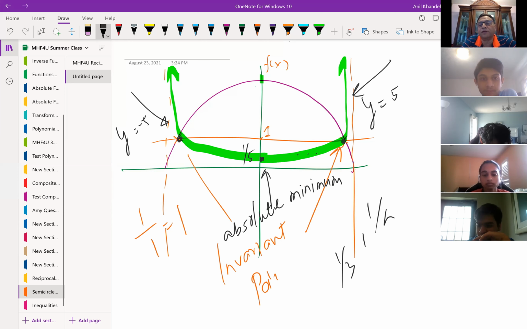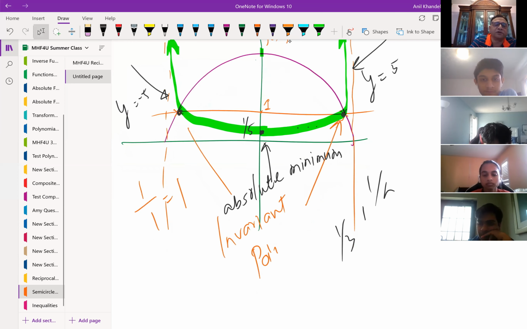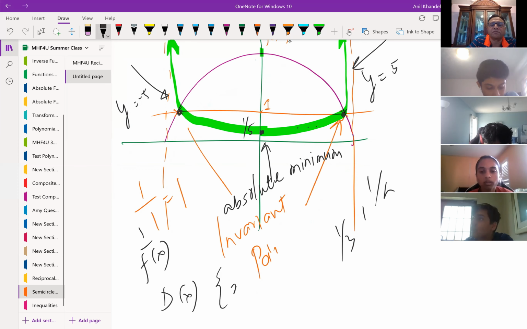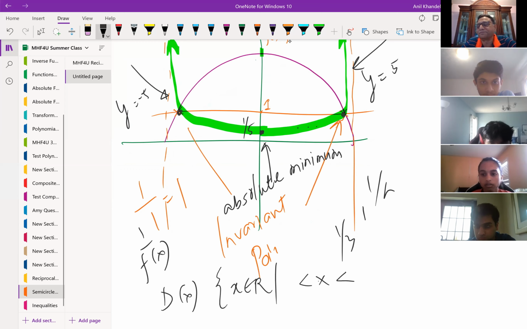Can you not tell me the domain of this function? Reciprocal function, 1 over f of x. Ankita, tell me the domain of this function. X equals all real numbers such that it is equal or less than 1. Domain, not range. Domain, x values.